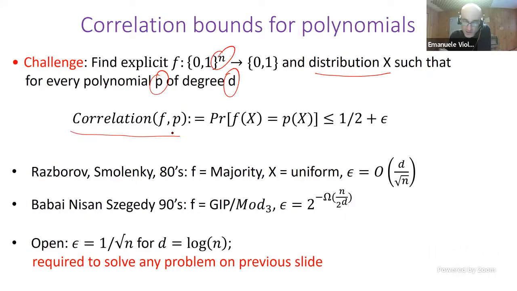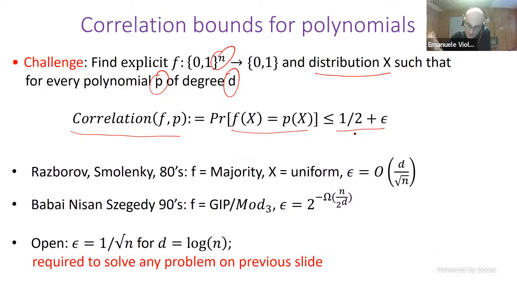So the correlation is just a fancy name for the probability that f of x is equal to p of x, where x is drawn from our distribution. Okay, and it should be at most half plus epsilon. You can always get half just by random guessing, and this is half plus epsilon.